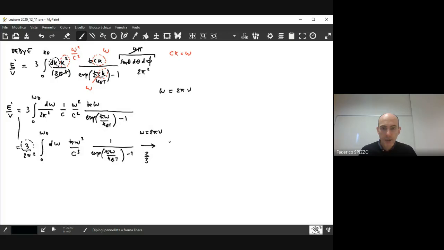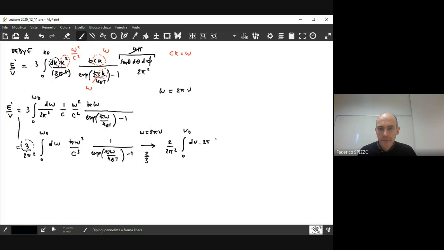So in this case, you have a 2 factor divided, so you have 2 divided by 2 pi to the power of 2. The integral is from 0 up to the equivalent of omega d expressed in terms of the frequency. d omega is transformed into d frequency times 2 pi.